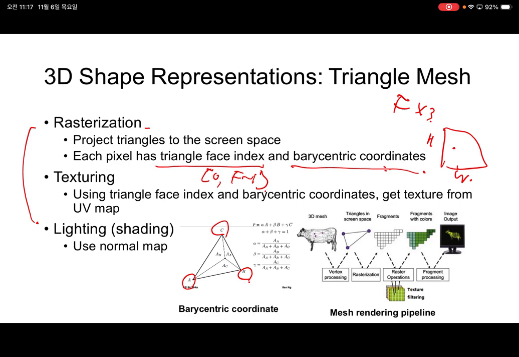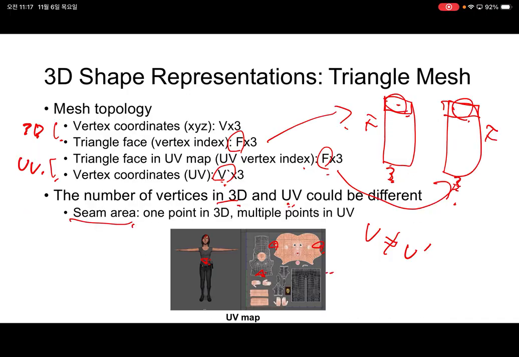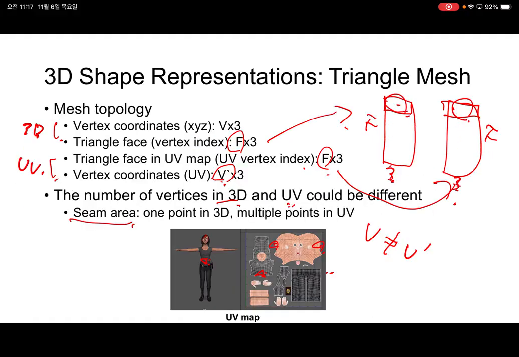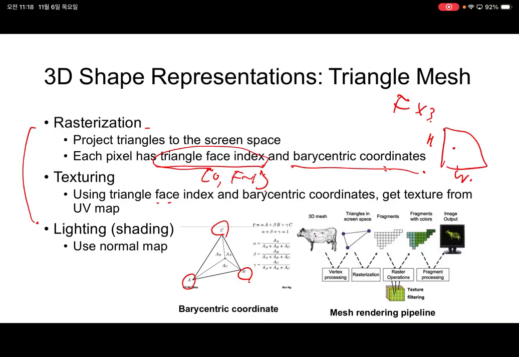And then texturing. We have now rasterized the triangle faces to the image space, and it's time to get color from the UV map. We have color here, right? We have the UV map color, and we use the triangle face index. As I said, the triangle face index can be used interchangeably with the triangle face. Let's say this pixel has a triangle face of 100.